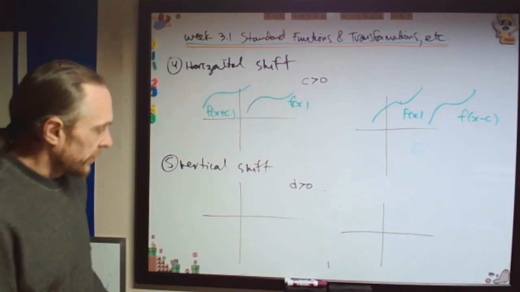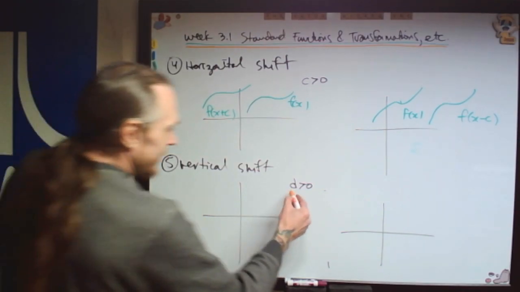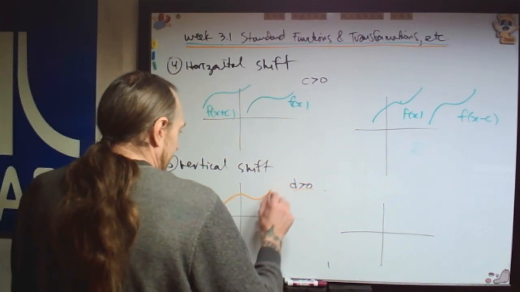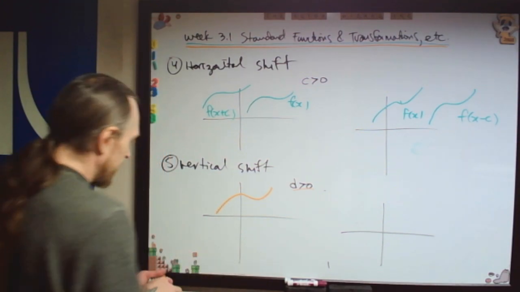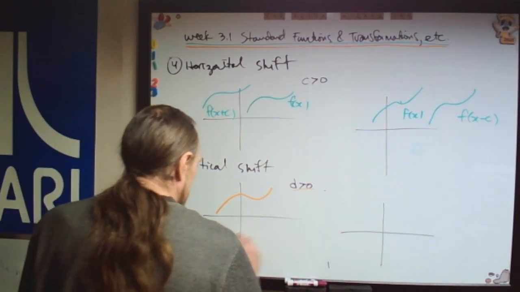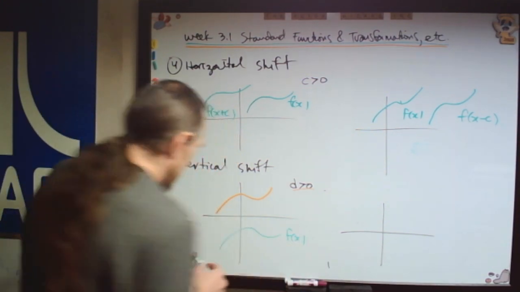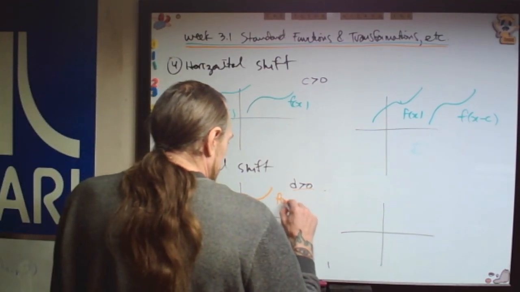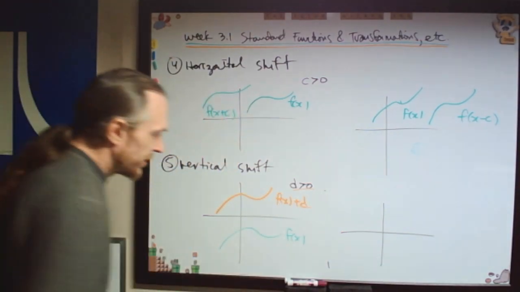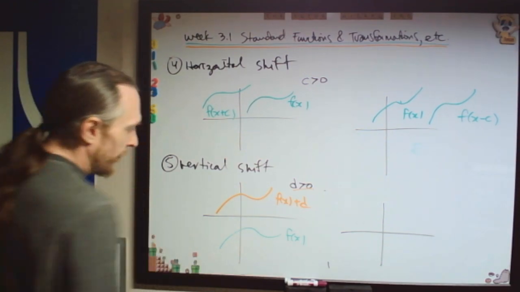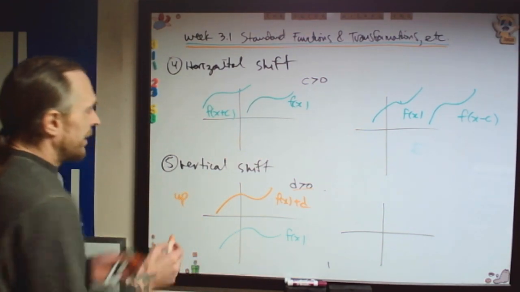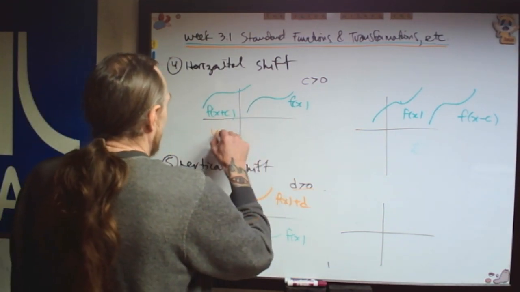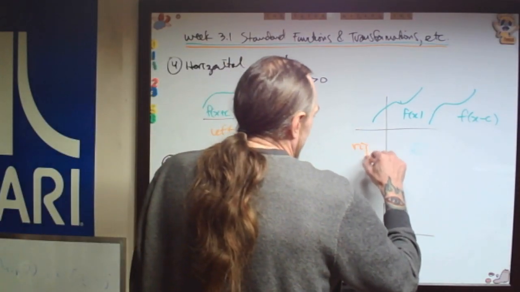For vertical shifting, if d is always positive, then if I have f of x like this, adding the number will make it shift up. So this is plus d is up. This one is left. This one is right.